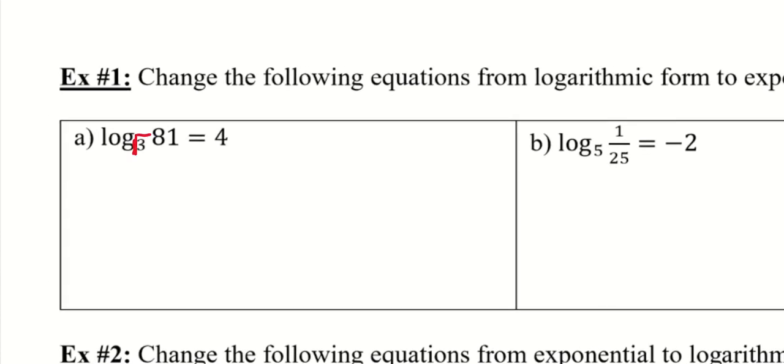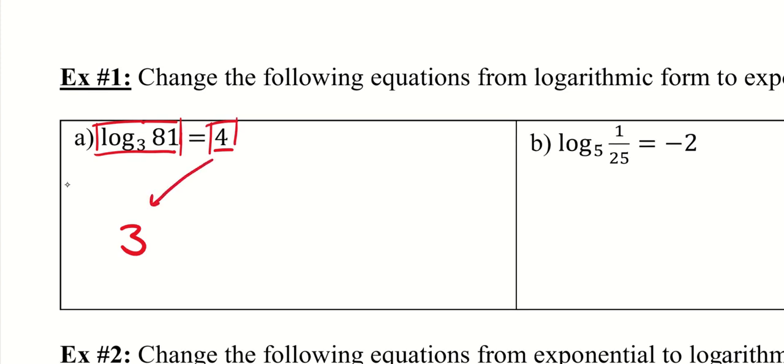Here the base is the subscript of the logarithm. The subscript is 3, so I'm going to write base 3. And whatever this expression evaluates to, the answer will be the exponent.